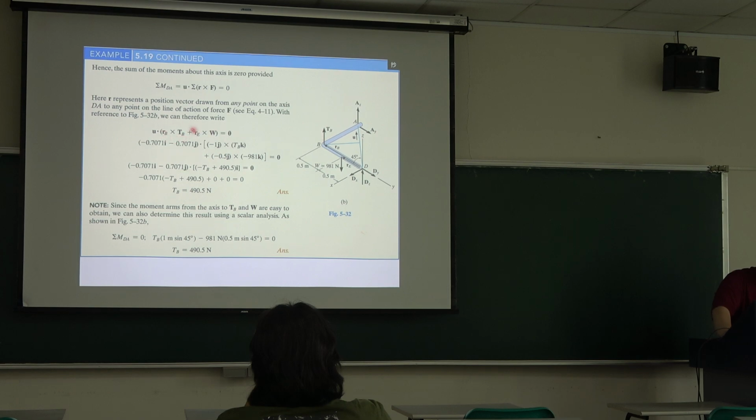So like this, and use the unit vector dot this moment is equal to 0. So this is a Cartesian vector form, and we calculate the I part, J part, K part combined together.